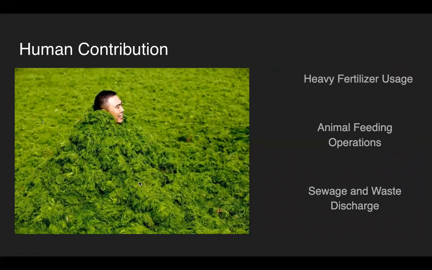Human contribution. Once again, it does say fertilizer because that is a large portion of the contribution to eutrophication. A lot of big farms will spray down their whole fields with fertilizer, and when that gets run off into lakes, it causes large algal blooms.